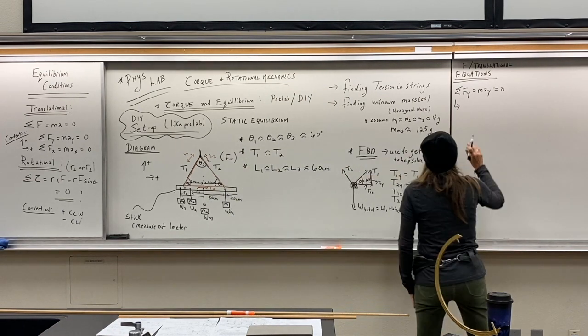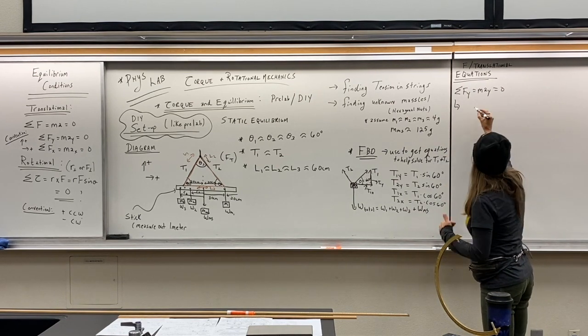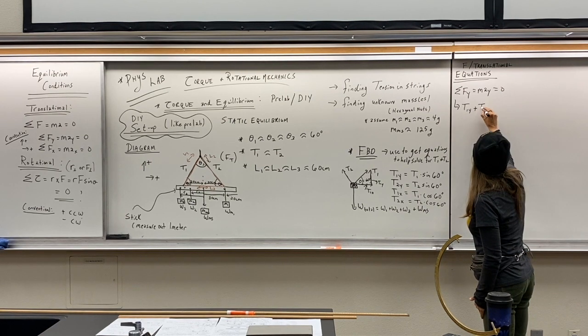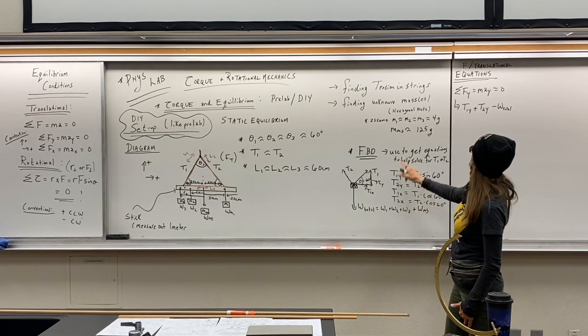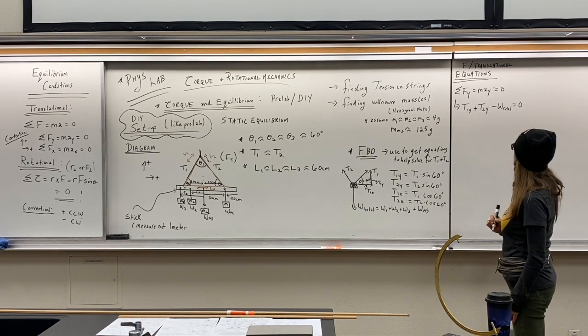Okay. So if I look at my vertical forces, I'm going to say, well, I'll have T1Y plus T2Y minus the total weight, which I could get a number from, knowing these masses, should equal 0. Okay.